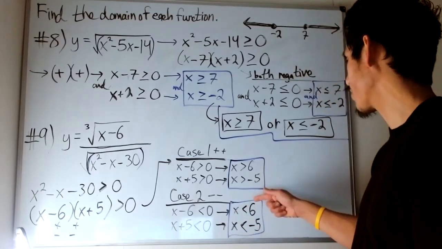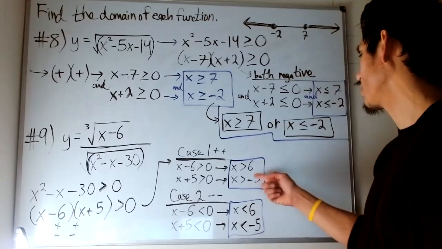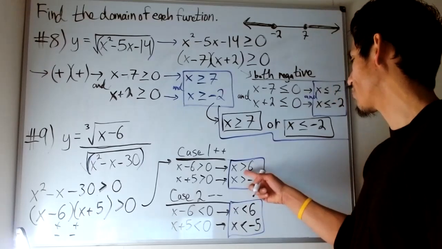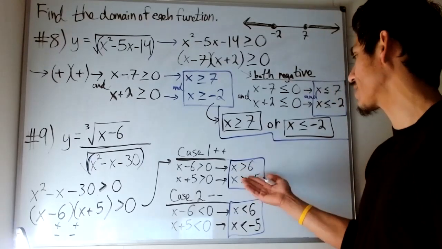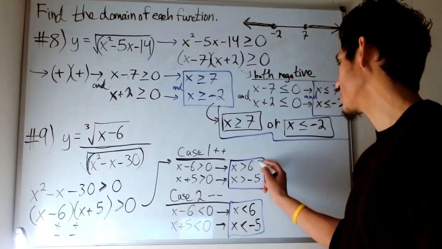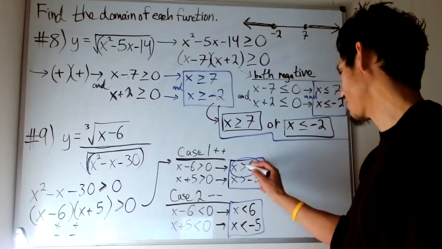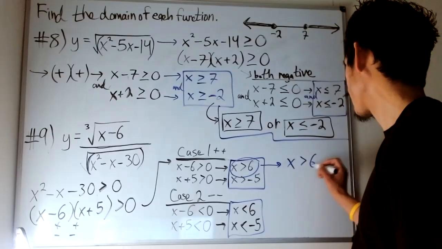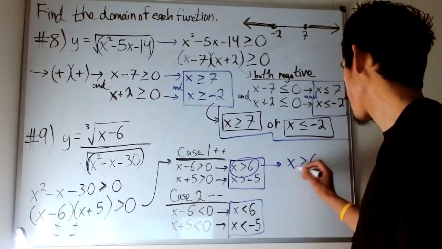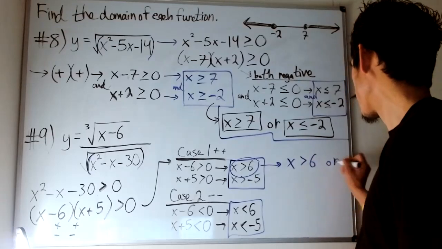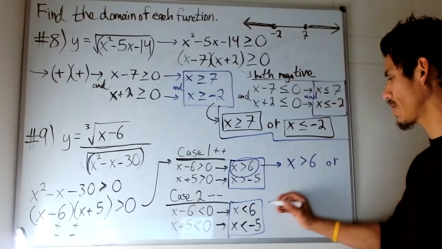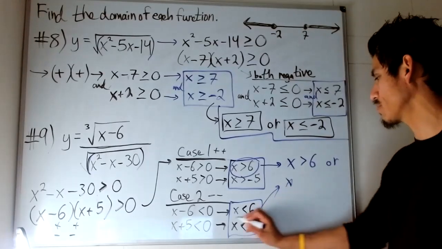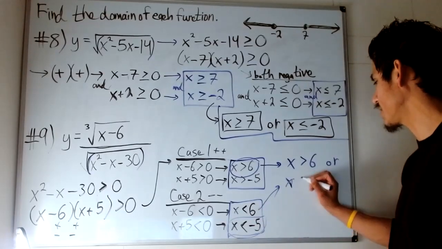And so together, let's see which of these would work. For the first case, for both to be satisfied, x has to be greater than 6. Or, for the second case, only x less than -5 would work.